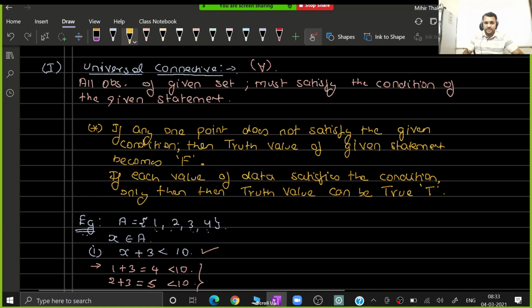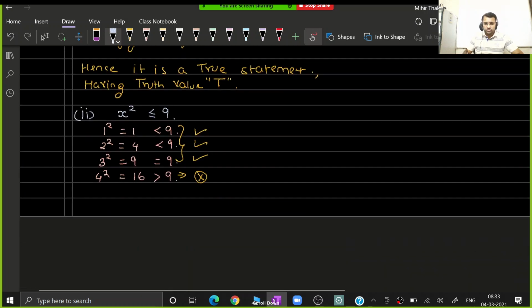So what is the point that we have written? See very carefully. I have told you, if any one point does not satisfy the condition, then the truth value of the given statement becomes false. So I can observe that the value 4 does not satisfy the condition that its square is lesser than or equal to 9.